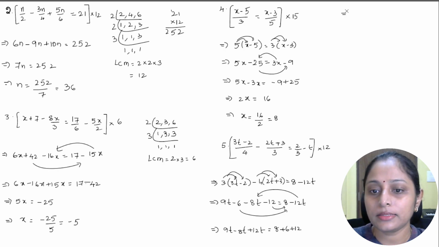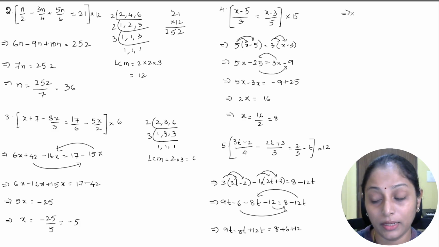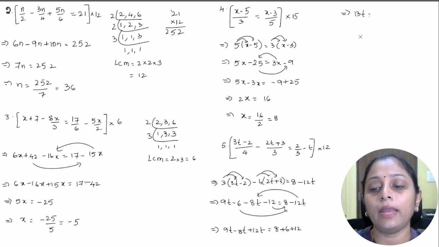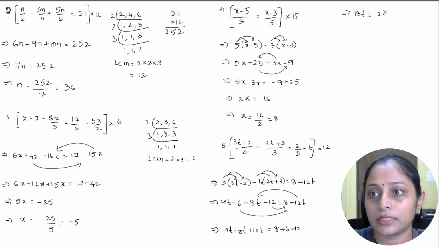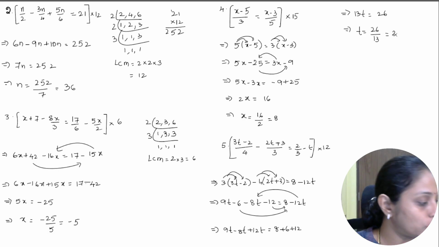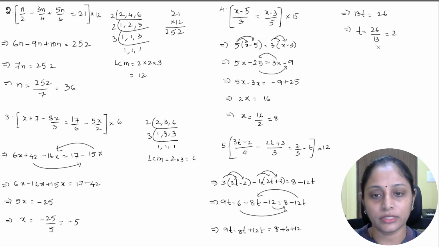This implies, now I have 9 minus 8 is 1 and 1 plus 12 is 13. So 13t is equal to 8 plus 6 is 14, 14 plus 12 is 26, right? Therefore t is equal to 26 by 13, which is nothing but 2. So the answer is t is equal to 2. Okay, so this is my fifth sum.